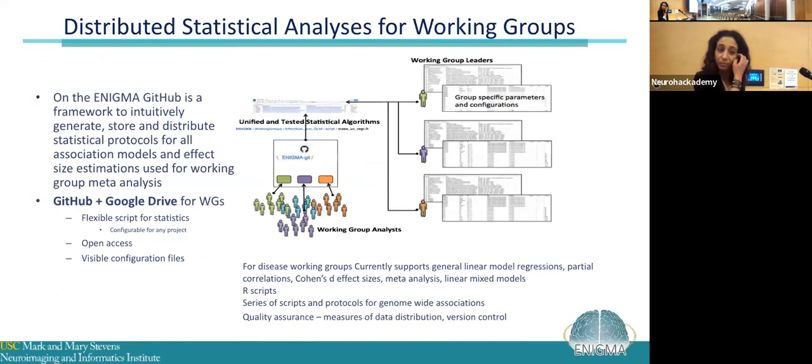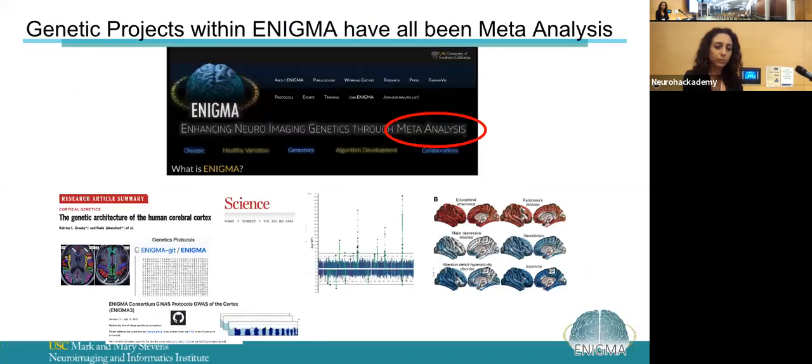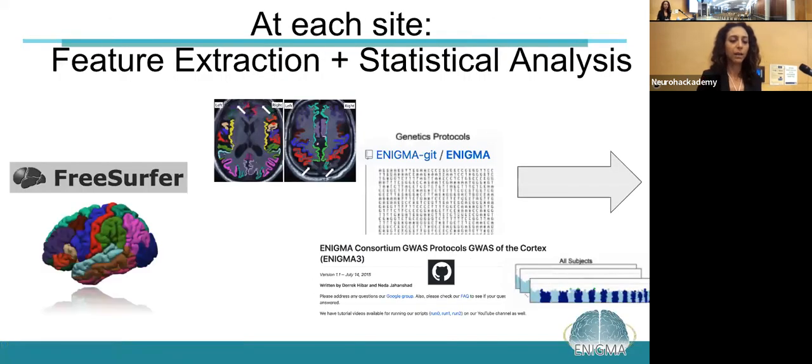I won't get into this, but we did create this distributed analytic framework. The genetic projects, as I mentioned, have all been meta-analysis, and this is where the name came from. It started with imaging genetics and started with meta-analysis. Each site does the feature extraction and the statistical analysis with protocols that we set up.